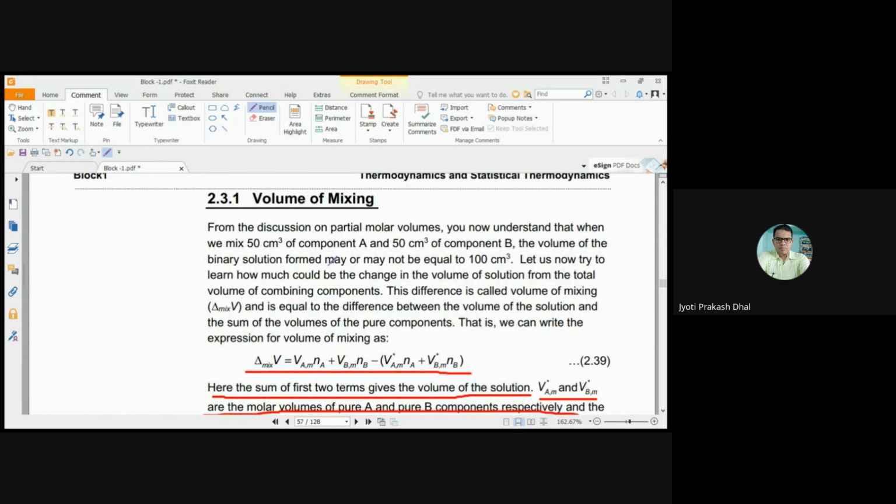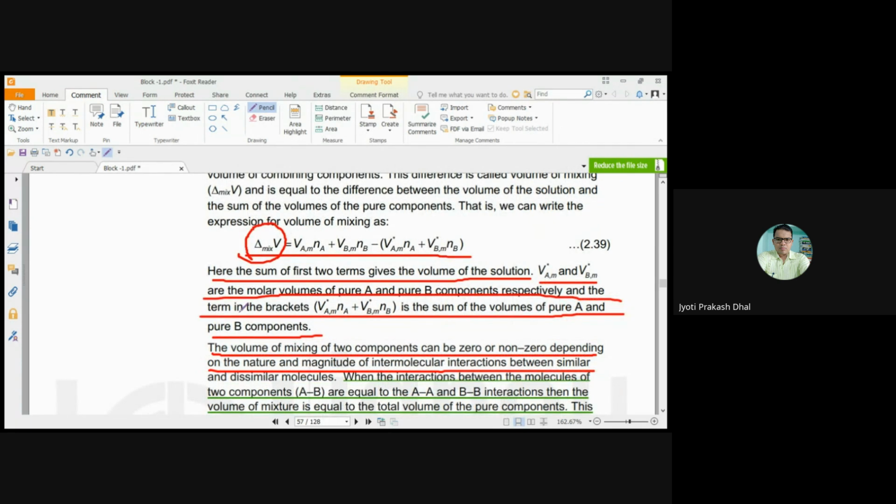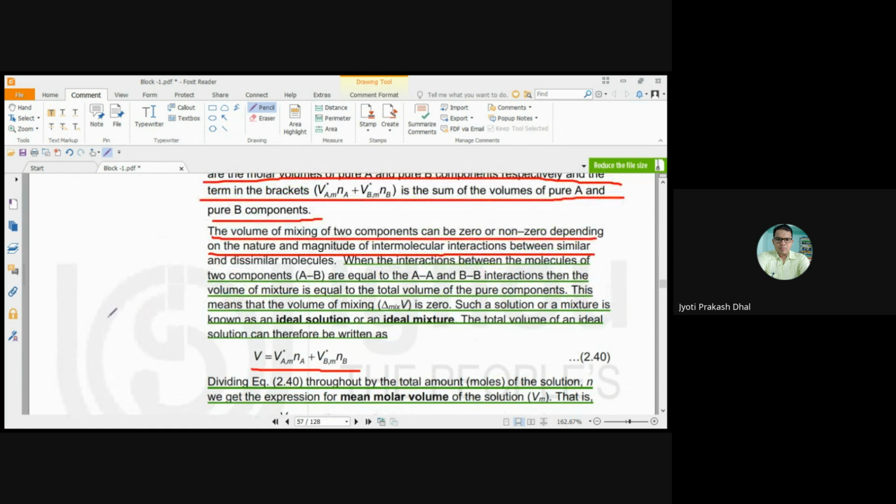Now coming to volume of mixing. So volume of mixing is nothing but ΔV, that is ΔV mix or Δ_mix V, right? We are calculating the volume of mixing because if you consider two liquids A and B, and let 100 ml of A be mixed with 100 ml of B, then the solution will be 200 ml only if the interaction of AB is equal to the interaction of AA and the interaction of BB.